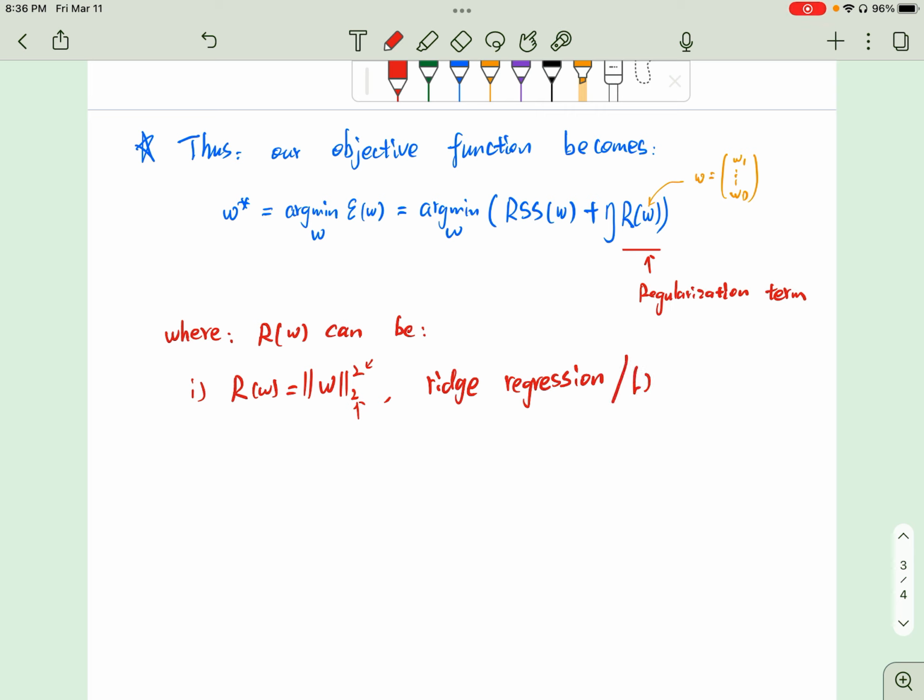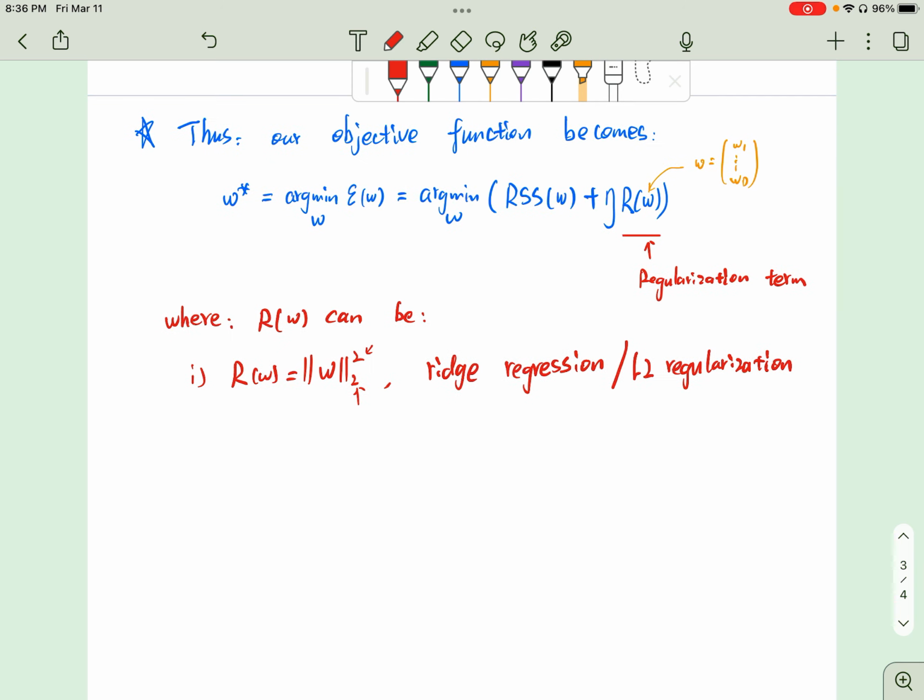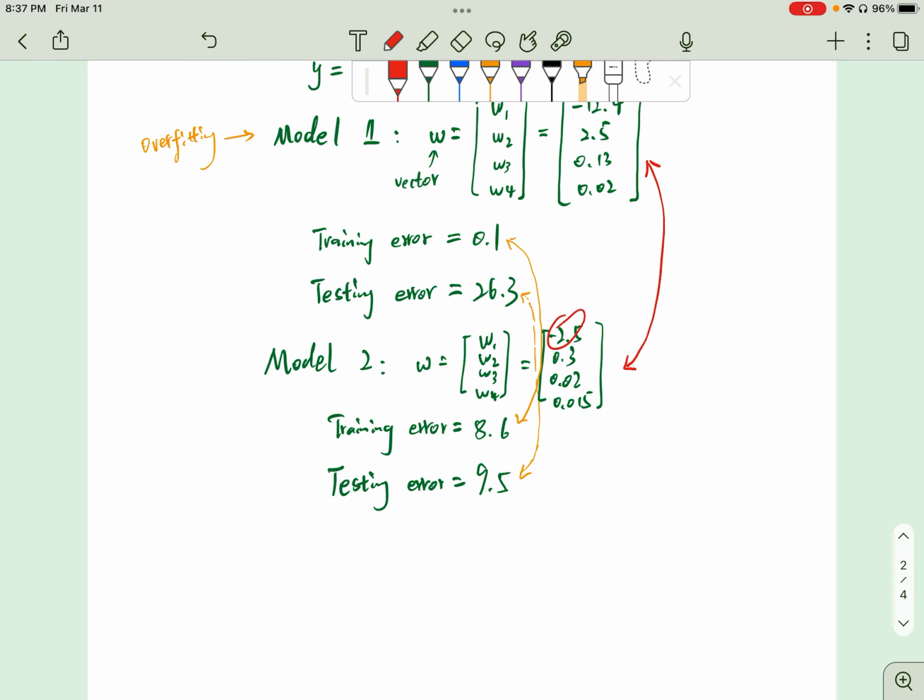Also, you may say L2 regularization. These are two names of this term. And if it's not Euclidean distance, if it's Manhattan distance or L1 norm, okay, this is the L1 norm. So the L1 norm is you just take the absolute value of each entry and you make a summation.